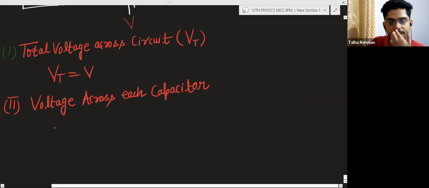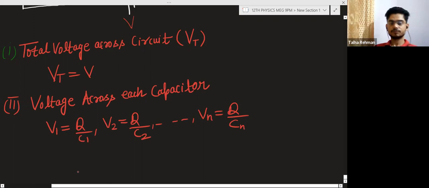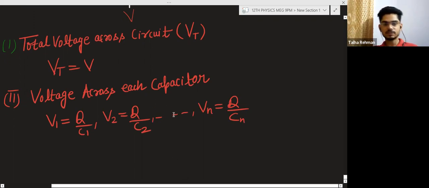Voltage across each capacitor means V1 is Q by C1, V2 is Q by C2, as charge is same. And like this, you can calculate Vn is Q by Cn. V is equal to charge upon capacitance.